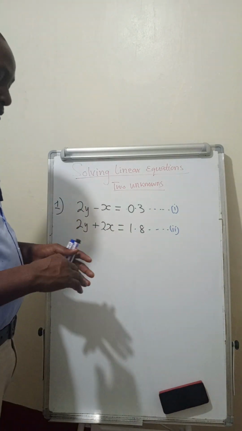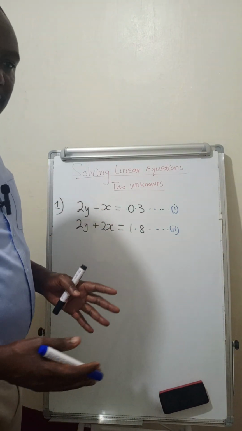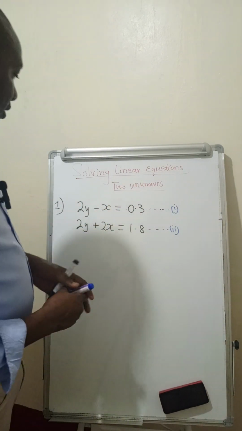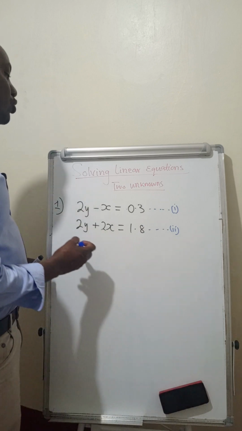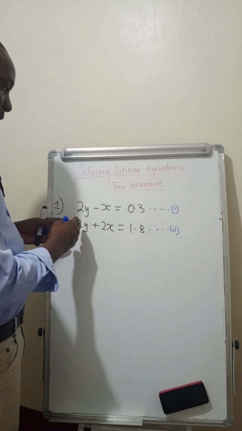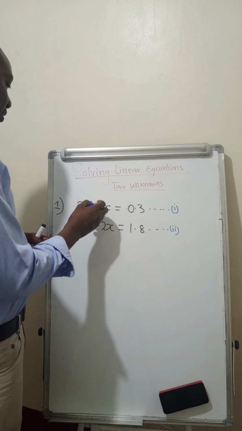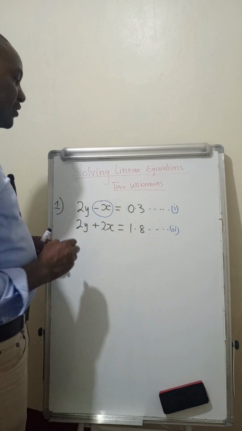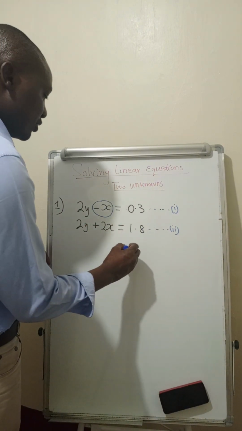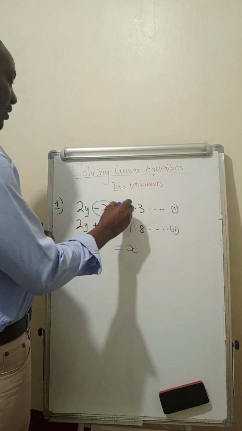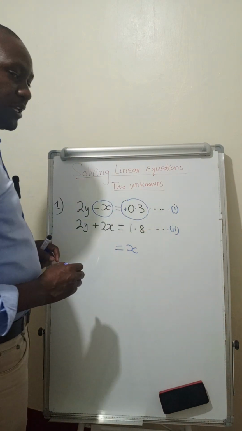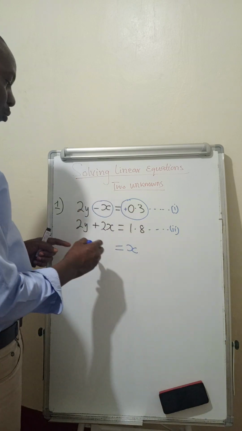Step 1, express one unknown in terms of the other unknown. In our case here, I'll choose to express x in terms of y. This negative x, I will bring to the other side of the equal sign to be positive x. Then this positive 0.3, I will bring this side to be a negative.